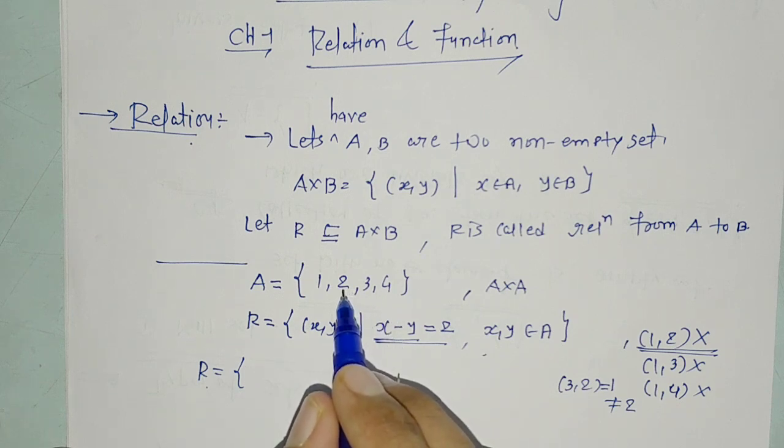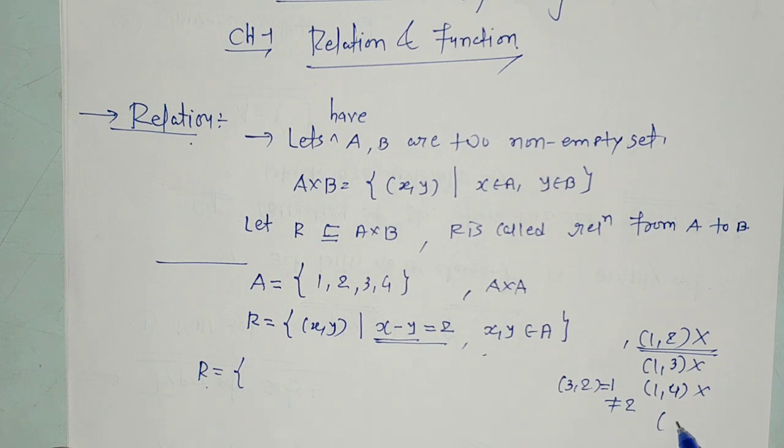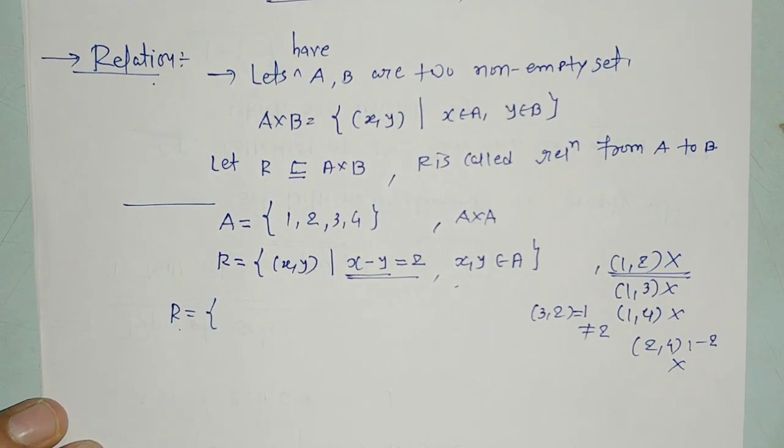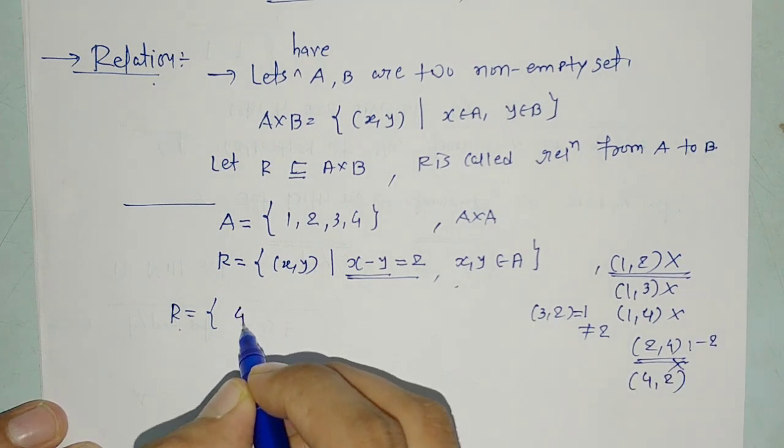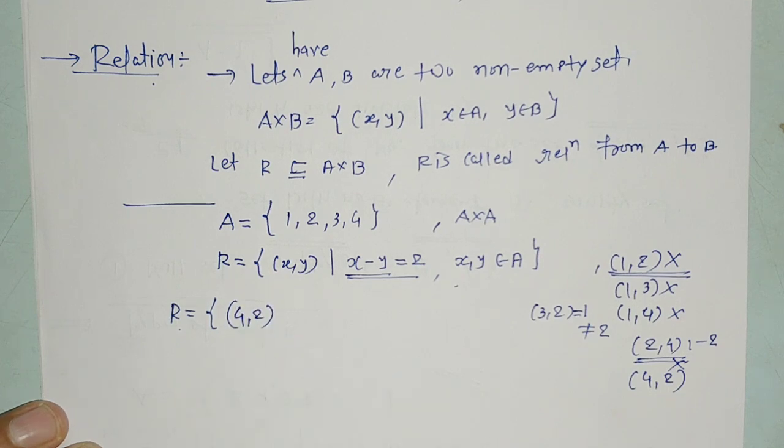Let's take another pair, 2 and 4. I'll get minus 2, which is also not in R. But if you observe this pair (2, 4), if I invert the places I'll get (4, 2).